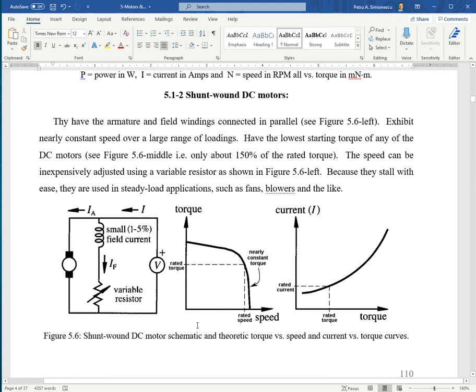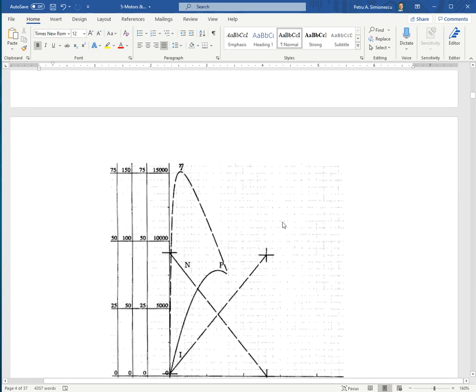Other types of DC motors are the shunt wound motors, and here we have a field coil that is in parallel to the rotor windings, and you can even interpose a variable resistor, and you can adjust the speed of this motor by varying the field current.